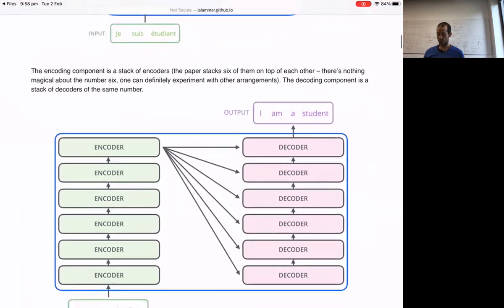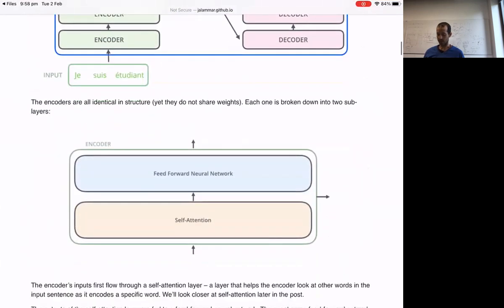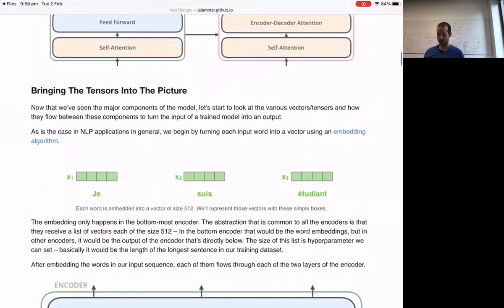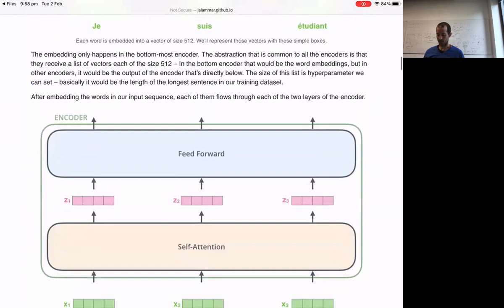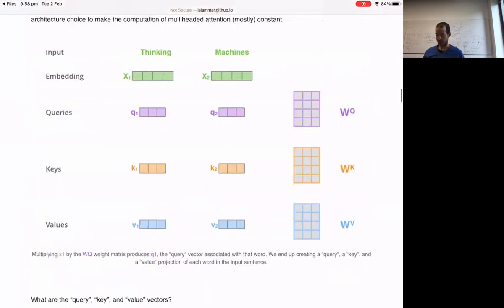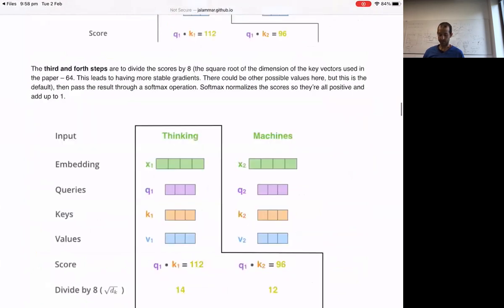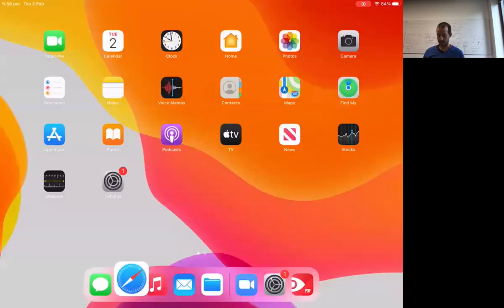I suggest, if you like this kind of topic, to go to this post, and they explain in detail how it's working, because machine translation is a huge topic.